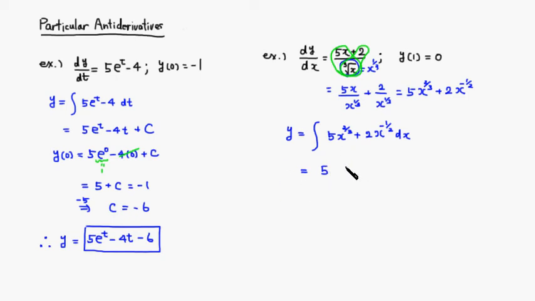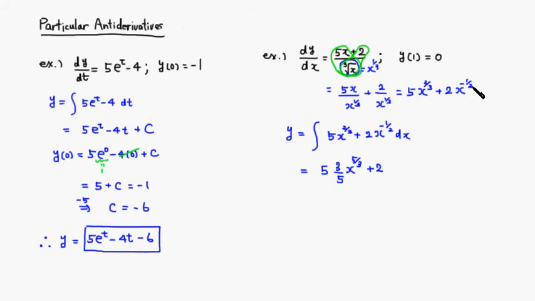Add 1 to the power, so x to the 2/3 plus 1 would be 5/3. Divided by 5/3 is equivalent to multiplying by 3/5. And the antiderivative, there's a 2 here.